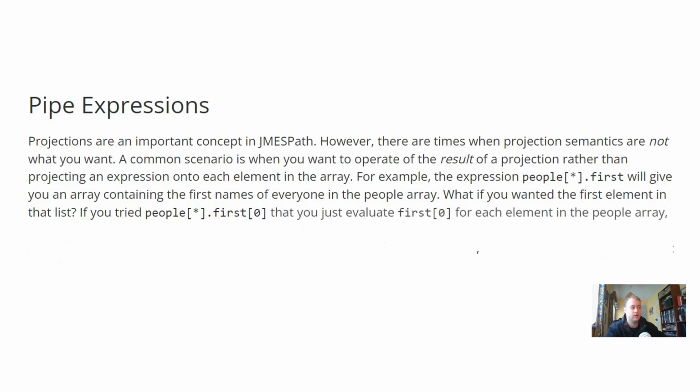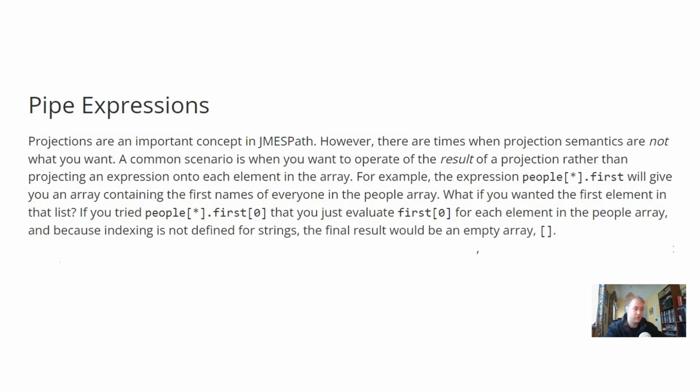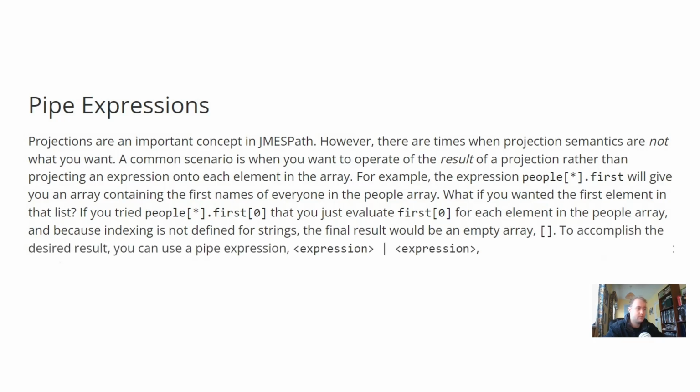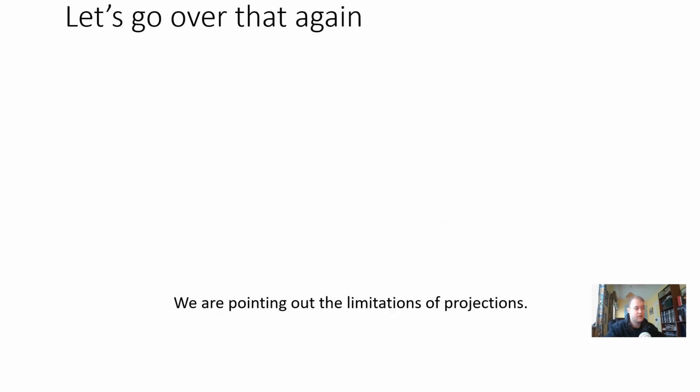So if you tried that, then you just evaluate first 0 for each element in the people array, and because indexing is not defined for strings, that final result would just be an empty array. To accomplish that desired result, you can use a pipe expression: expression, this vertical line and then some expression on the right hand side of it to indicate that a projection must stop. This is shown in the example above.